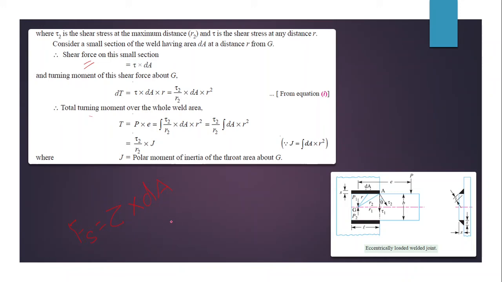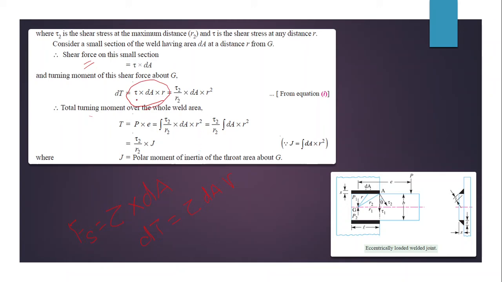The turning moment of this shear force, the small turning moment, is equal to tau into dA into R. That is the turning moment.